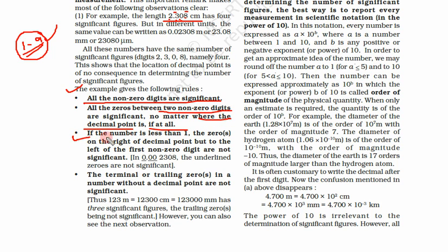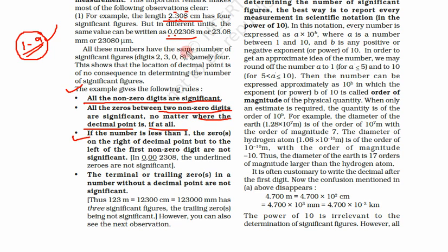Third rule: suppose the number is less than 1, like 0.02308. The zeros to the right of the decimal point but to the left of the first non-zero digit are not significant. That means this 0 is not significant.